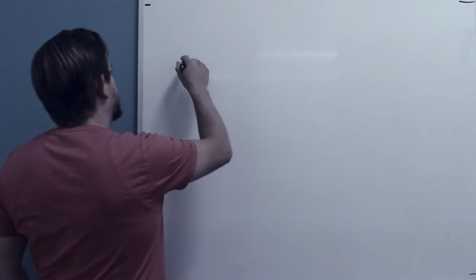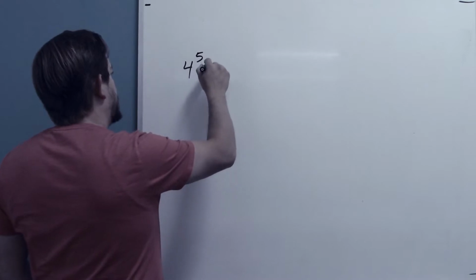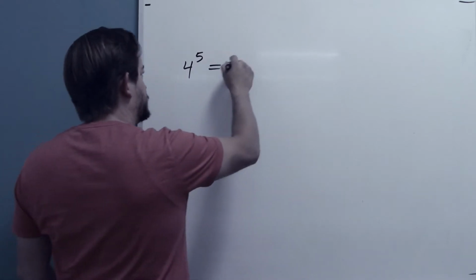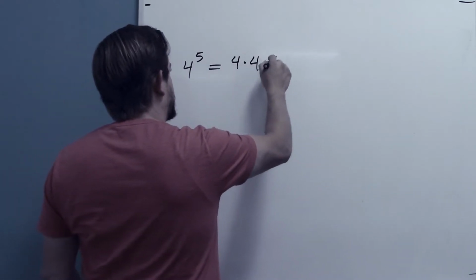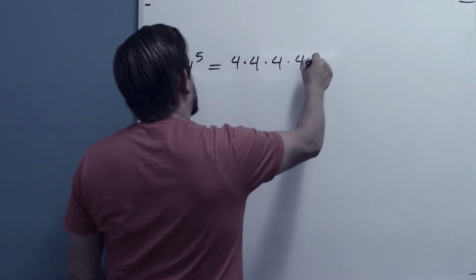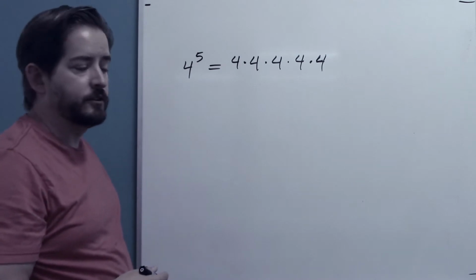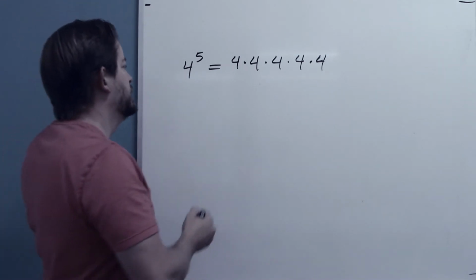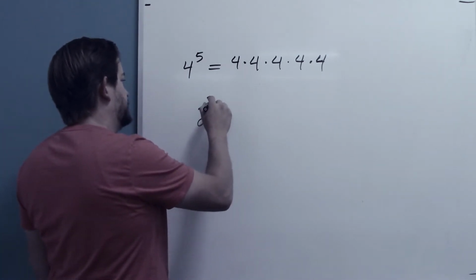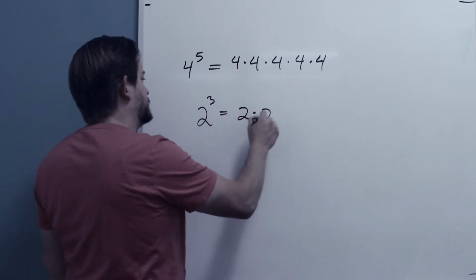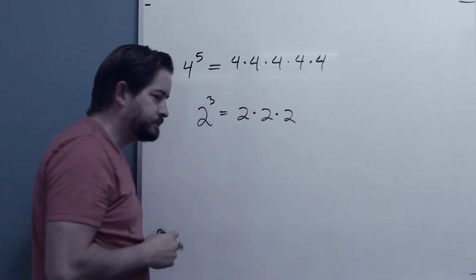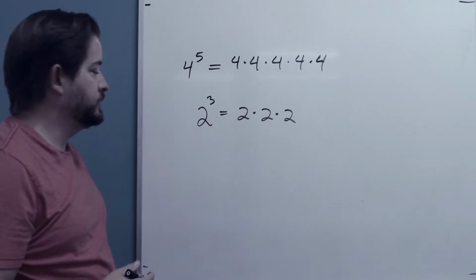If I see something like, say, 4 to the 5th, and I'm asked to expand that, that means 4 multiplied by 4 multiplied by 4 multiplied by another one, and the 5th 4, right? It means 5 factors of 4. Right? 2 to the 3rd is 2 times 2 times 2. And this is our exponential notation.